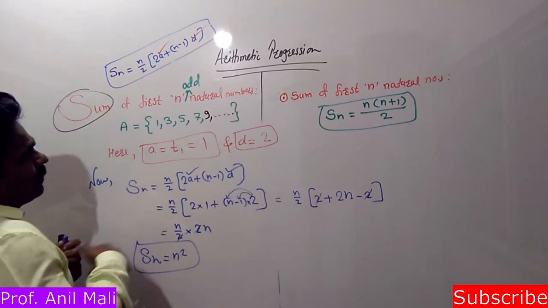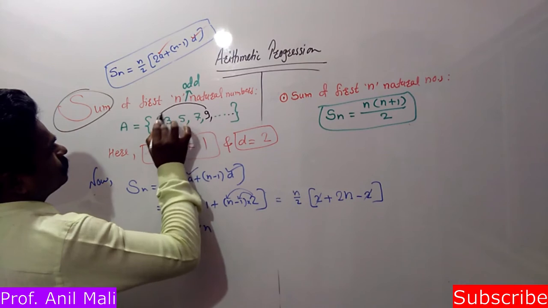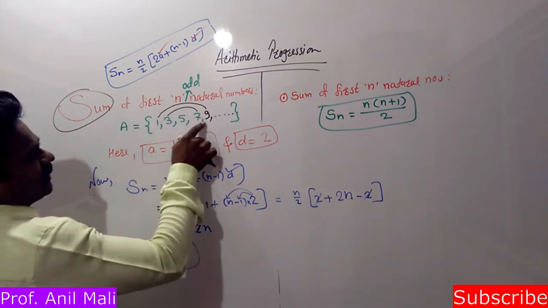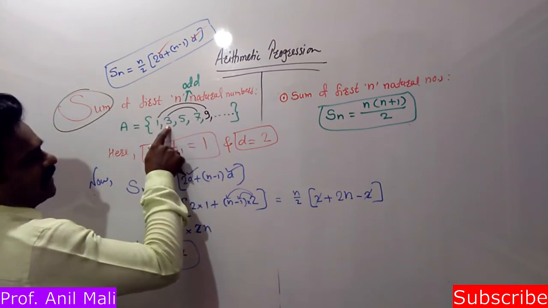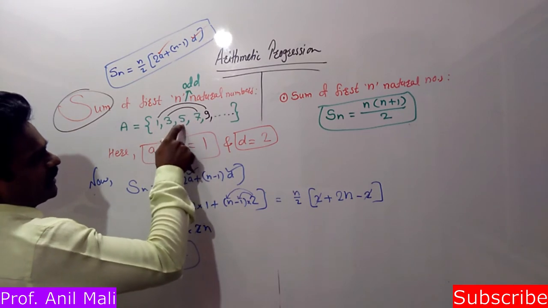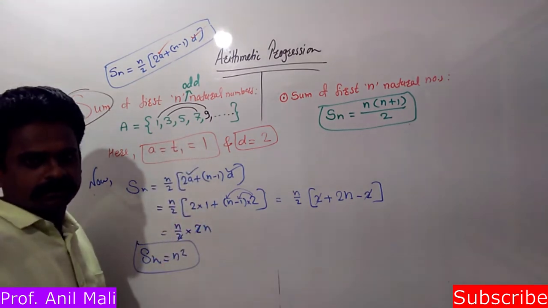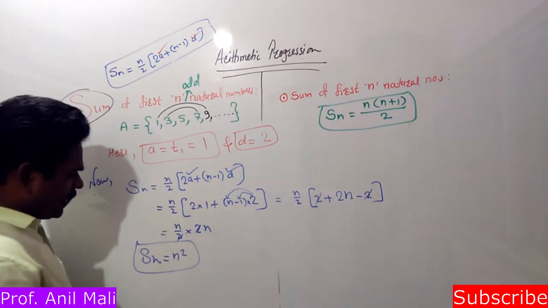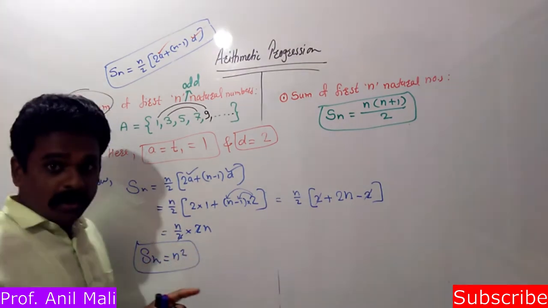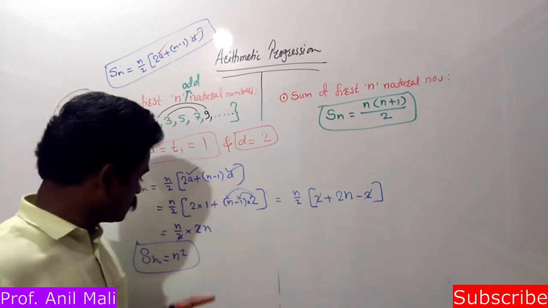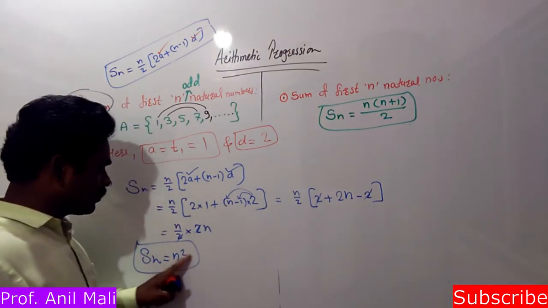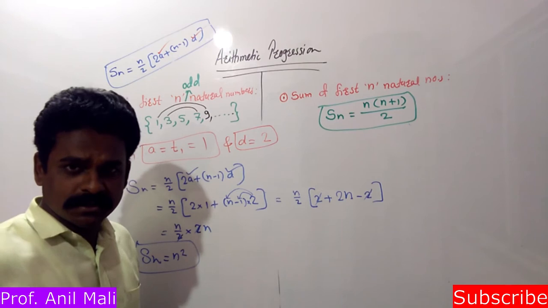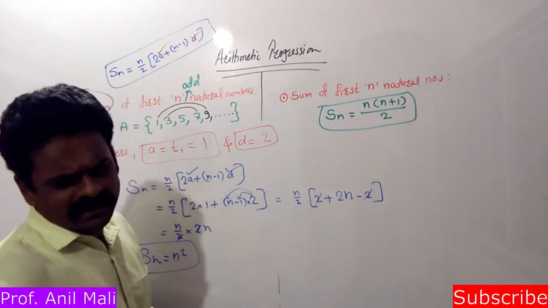Okay, so this is 9 plus 1 is 10, 7 plus 3 is 10, 10 plus 10 is 20, plus 5 is 25. Okay, fine, no problem. We'll do it with the help of this formula. 5 odd natural numbers are there, so we'll do just 5 square. 5 square is 25. Finish. Okay, so it's very easy.